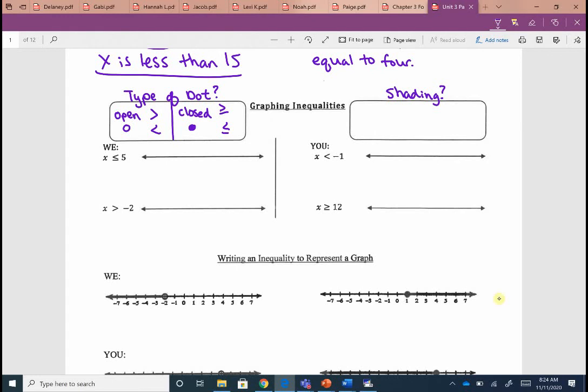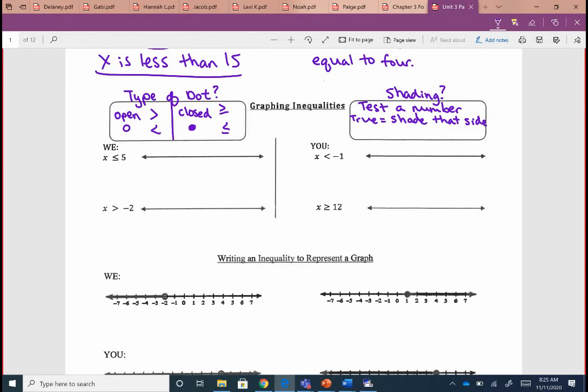So we're going to do what I call test a number. We're going to test a number in our inequality. If it makes our inequality true, we're going to shade that side. We're going to do this today in all of our examples, if you're not sure what that means.